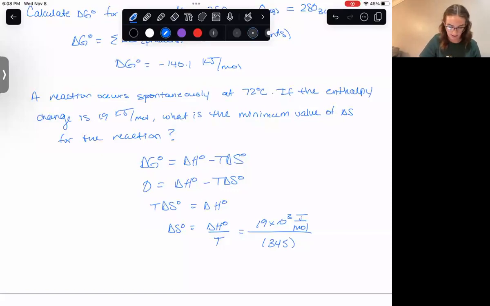Okay, so then we can say this, and I got delta S is equal to 55.1 joules per mole times Kelvin. Is that what we got?